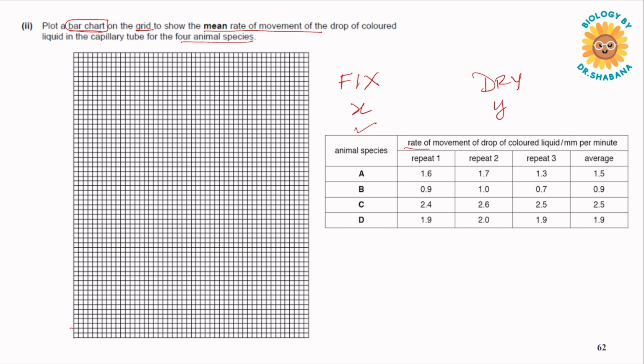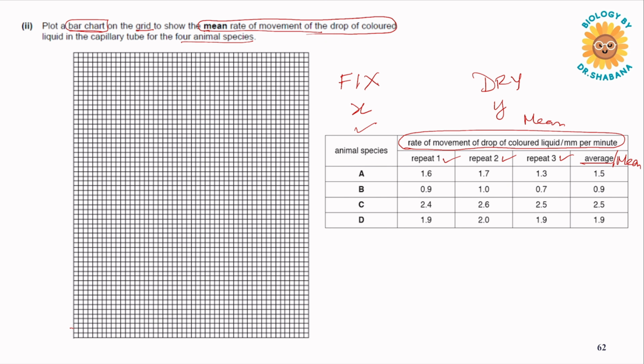But keep in mind this is the whole thing that has to be transferred. Now, because they're saying mean, there were 3 repeats and they calculated an average, in other words the mean.